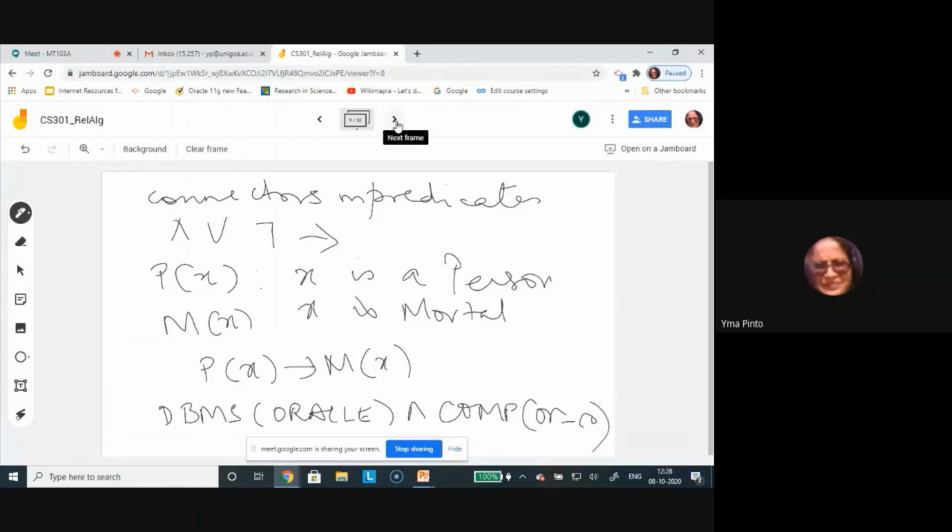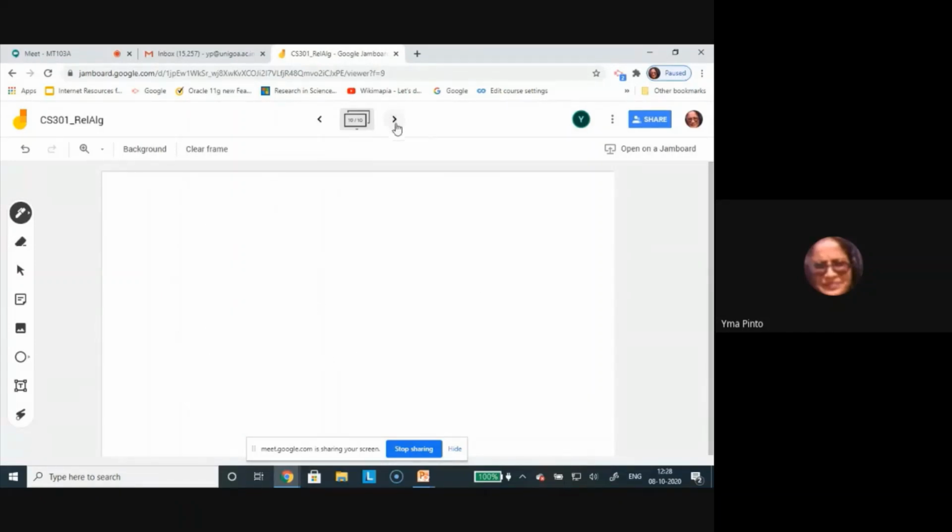Now, what we also need to look at is that a predicate can have quantifiers. Quantifiers tell me how much. If you realize, we needed quantifiers even when we looked at relational algebra, because we had words like at least one, all, and things like that.